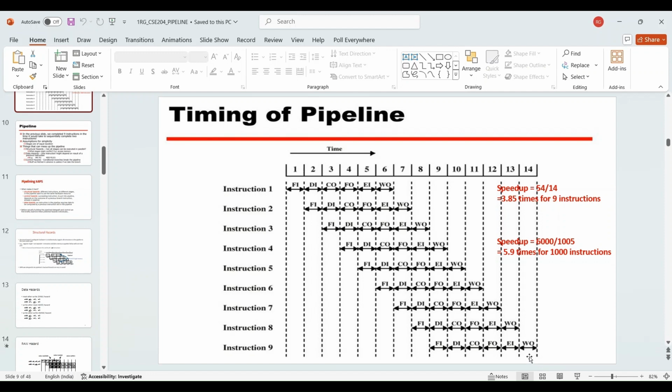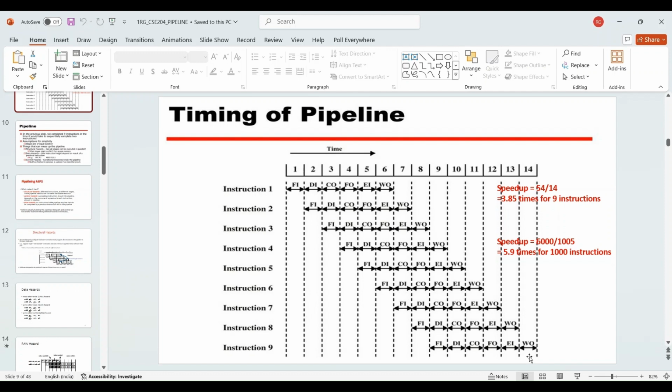And because of these two time wastages, speed up is not reaching its maximum potential. If we take a bigger example, 10,000 instructions, it will be very close to 6.